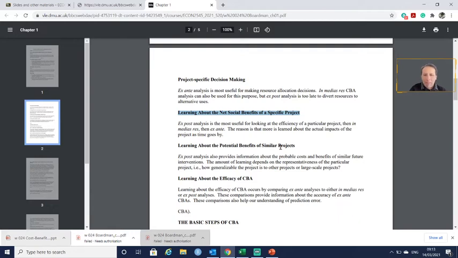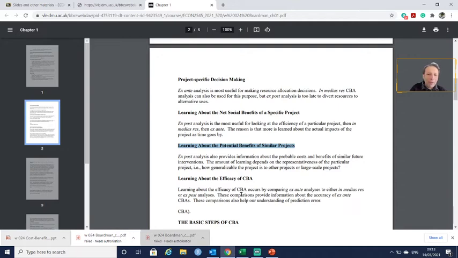Another thing is learning about the potential benefits of similar projects. Ex post analysis also provides information about the probable costs and benefits of similar future projects. Ex post analysis is important, since we are able to use alternative CBA analyses to compare.